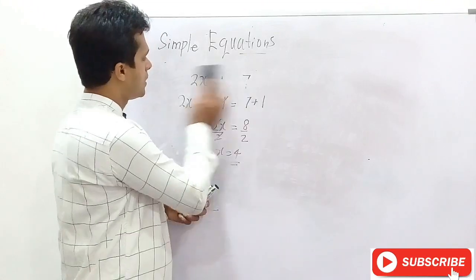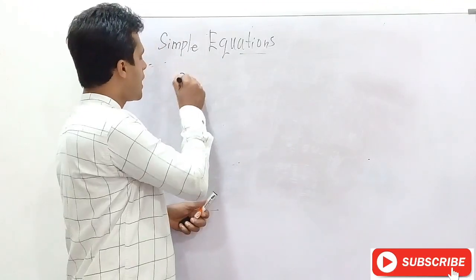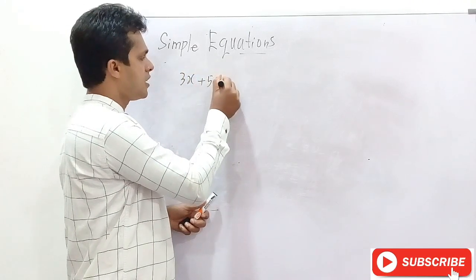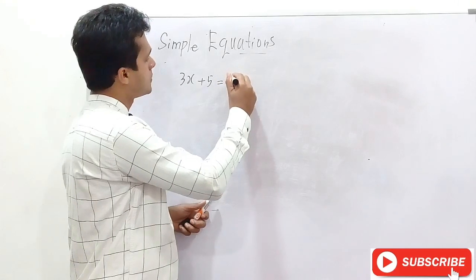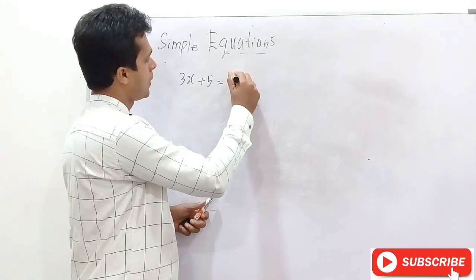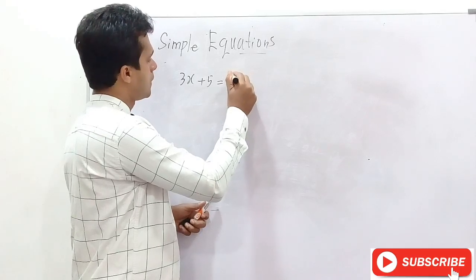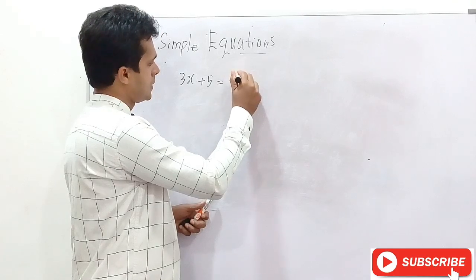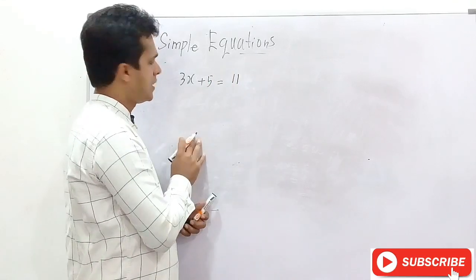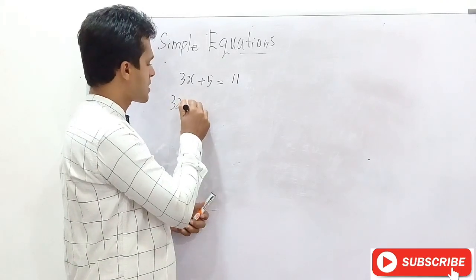The other sum is 3x plus 5 equals 11. How can you find the value of x?